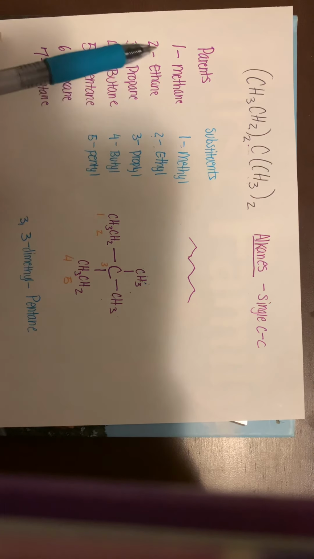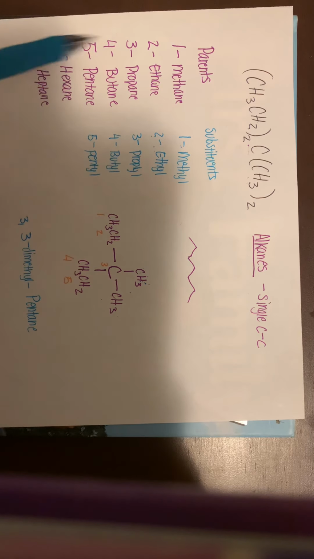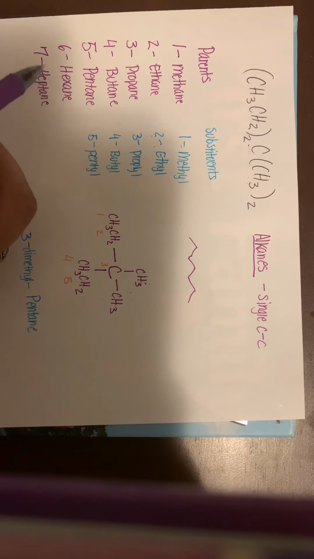So 1 is methane, 2 is ethane, 3 is propane, 4 is butane, 5 is pentane, 6 is hexane, 7 is heptane. You're supposed to memorize up to 10, but I only did 7 because the compounds you're going to work with most of the time won't go over 7.